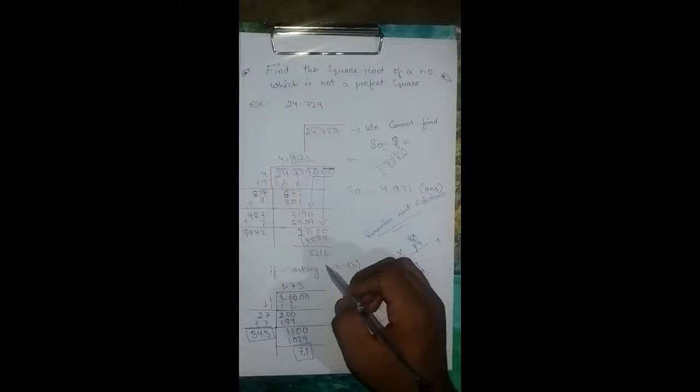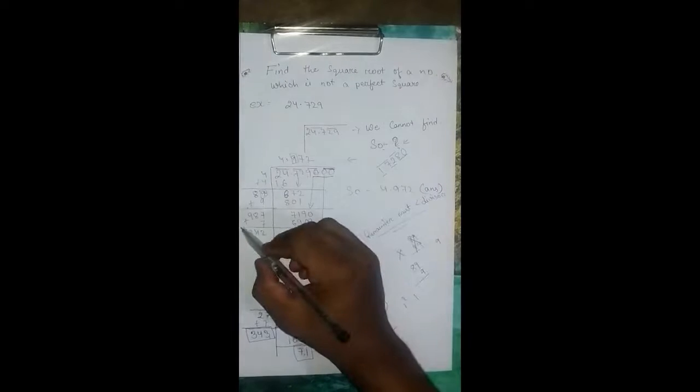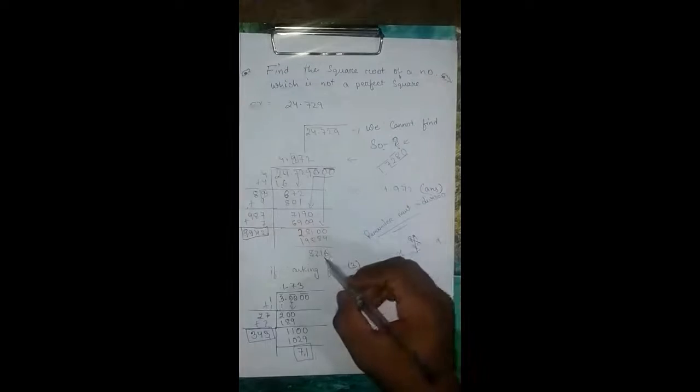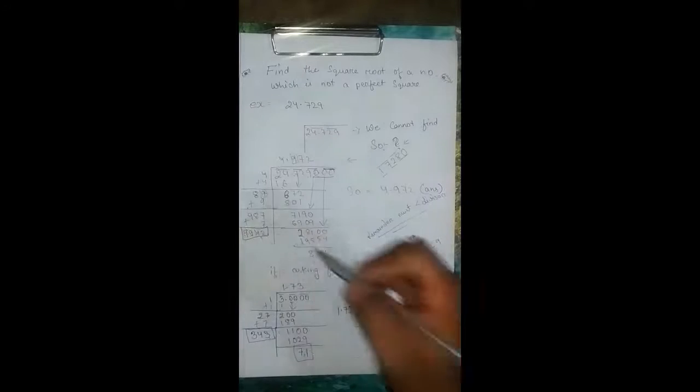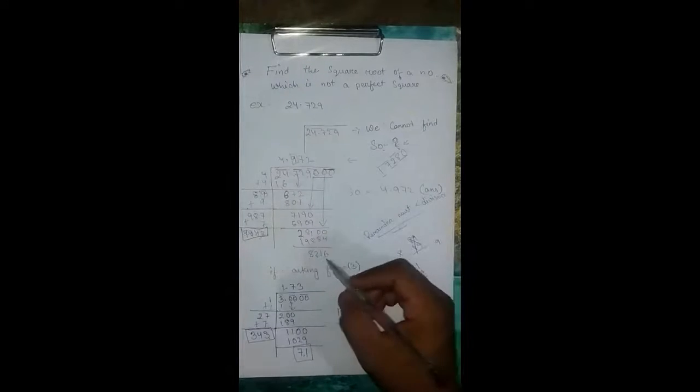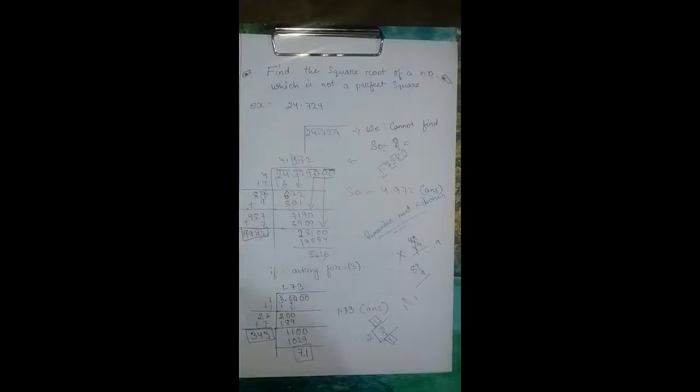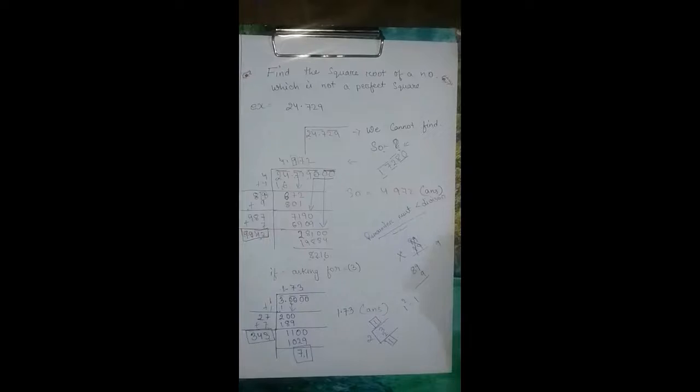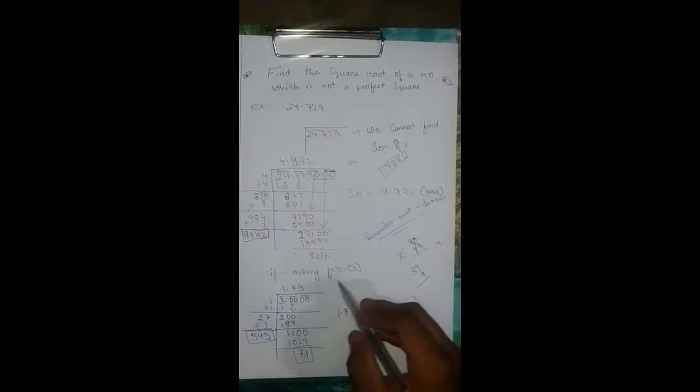Then 8216. You should always see that the divisor will always be greater than the remainder. If it is greater than the remainder, then it is a perfect square, and we have found the perfect square.